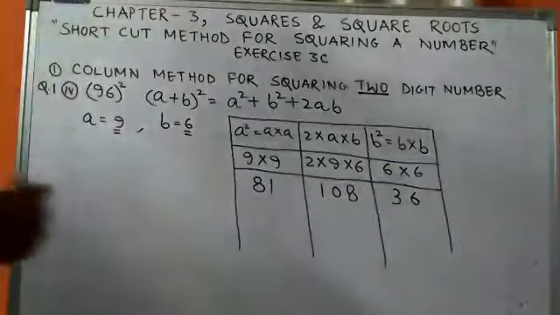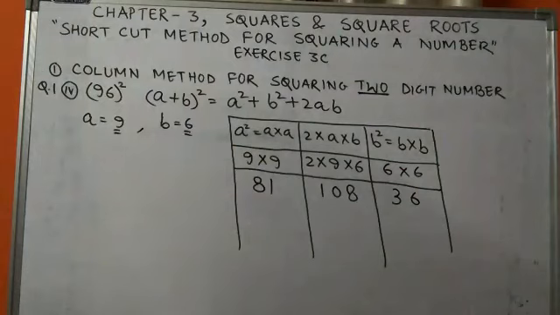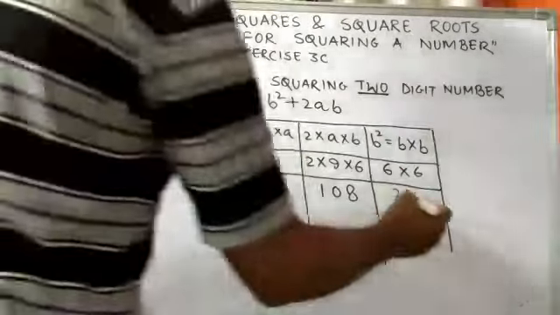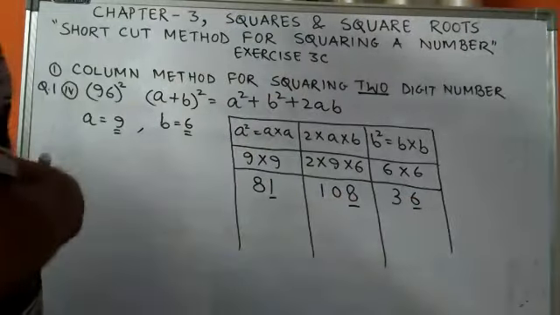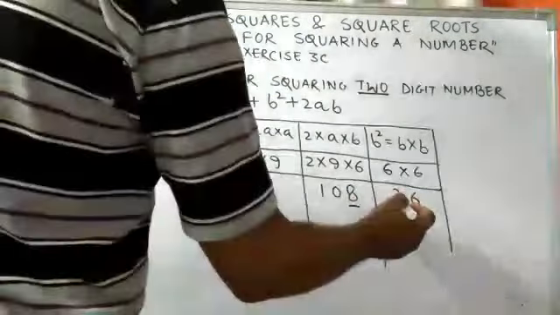In this we have to underline the first number. Now the second leftover number is to be carried to the second column.